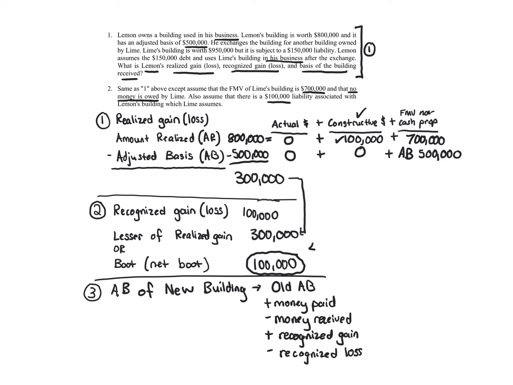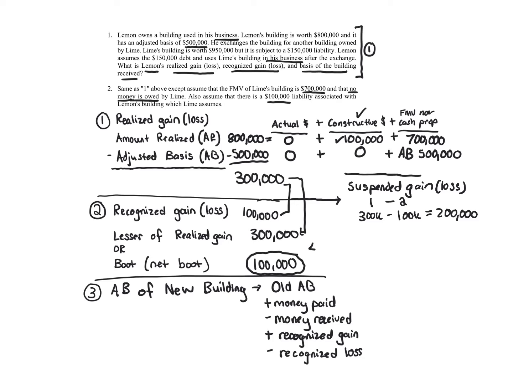After you calculate the realized gain or loss in step 1 and the recognized gain or loss in step 2, you are going to calculate the suspended gain or loss. The suspended gain or loss, and we're going to do this in each like-kind exchange calculation. The suspended gain or loss is step 1, the answer to step 1, minus step 2. So step 1, of course, $300,000 minus step 2, we got a recognized gain of $100,000. Our suspended gain is $200,000.